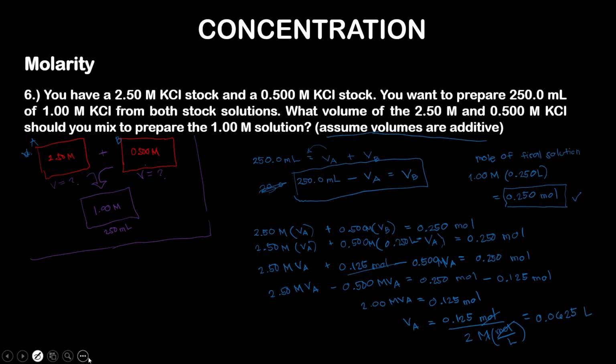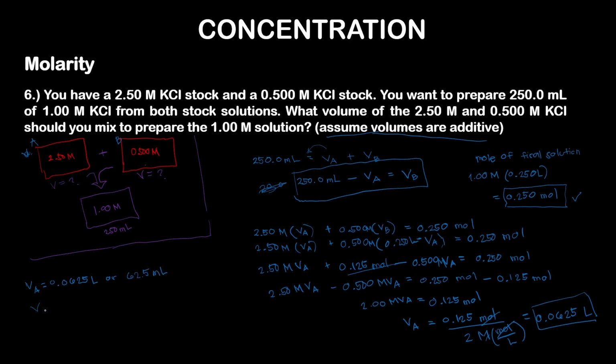Okay, so now we know VA. VA is 0.0625 liter, which when expressed in ml is simply 62.5 ml.